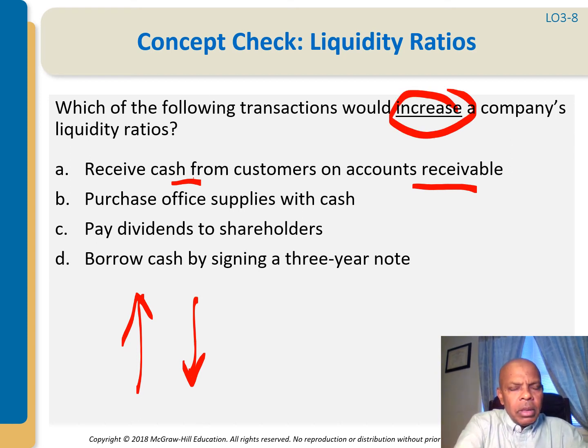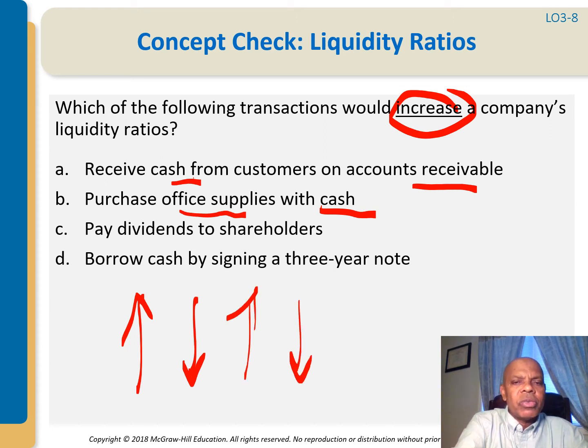Stay with me. Now, what's the next one? The purchase of office supplies with cash. Office supplies are current assets, and cash is a current asset. In this case, office supplies increase and cash decreases, so again there's no change. Current assets didn't change. Pay dividends to shareholders.